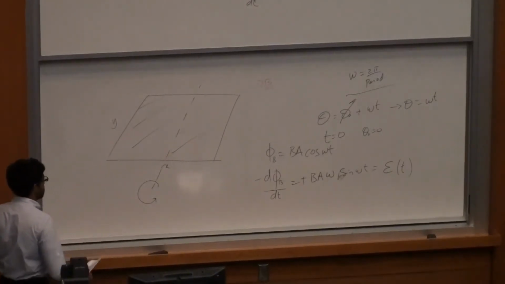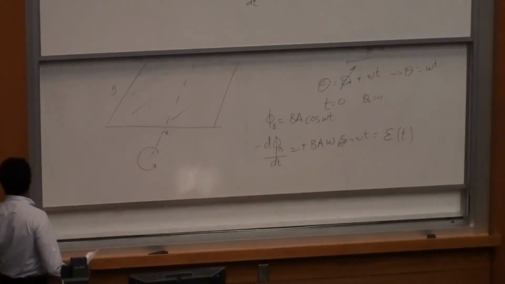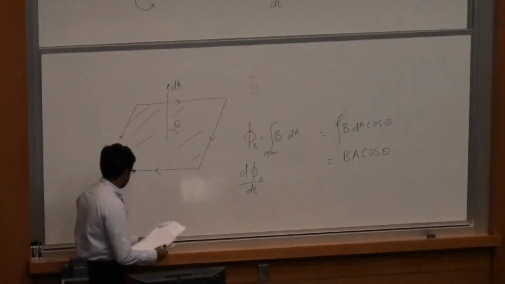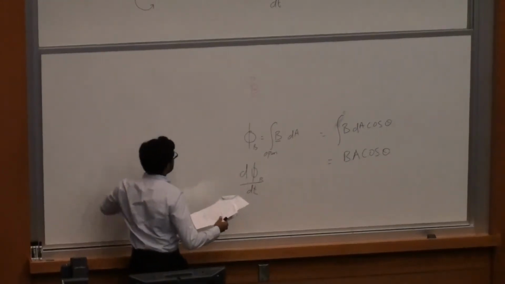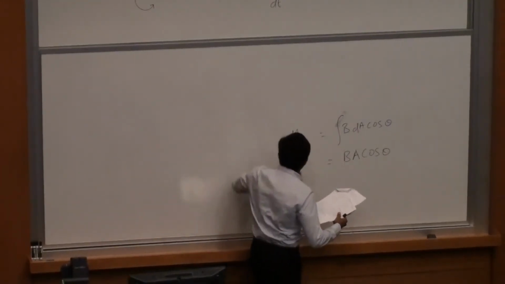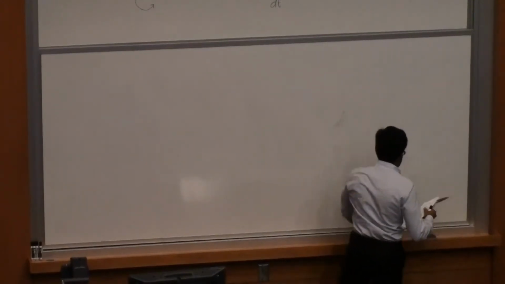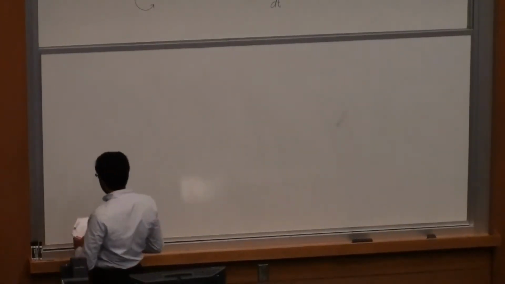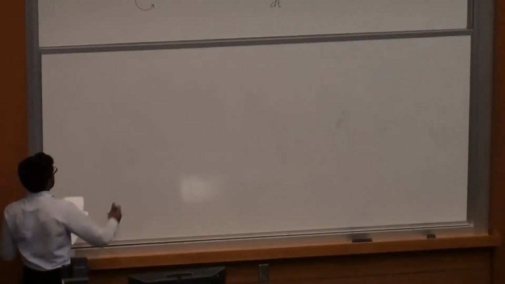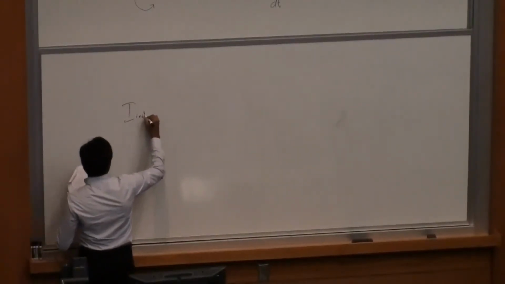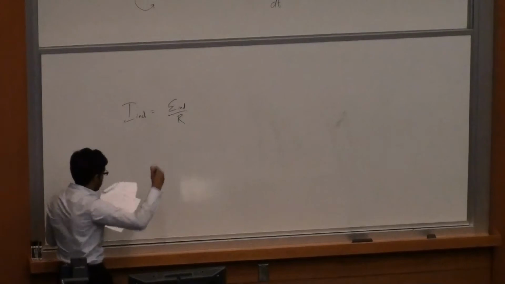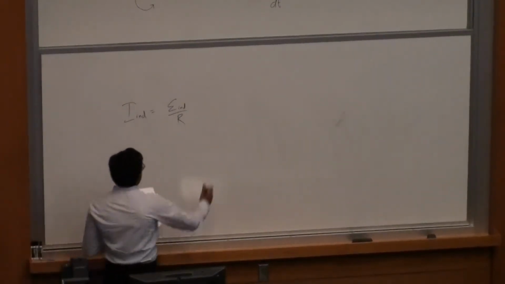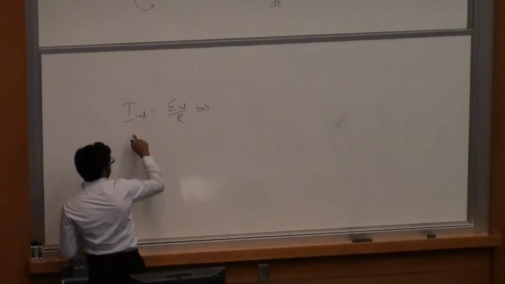So now if I want to find the induced current on that, I know that I induced is going to be equal to the induced EMF over the resistance of whatever that loop is, and this makes the current a function of time.